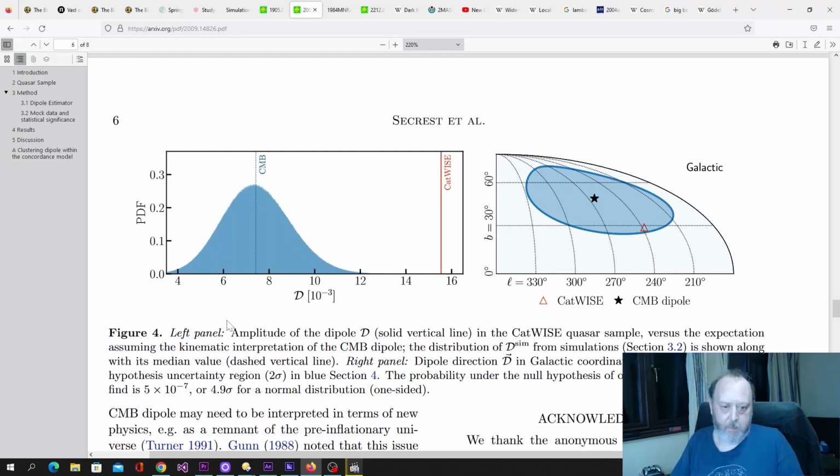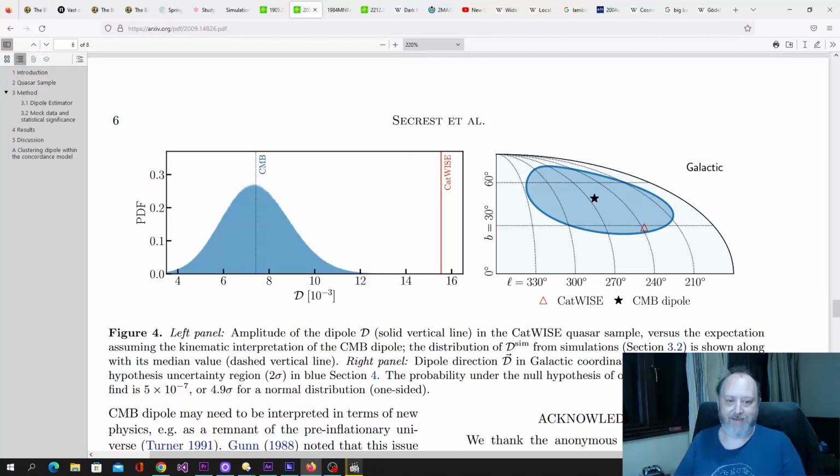So, the amplitude of the dipole D, solid vertical line in the CatWISE quasar group, versus the expectation assuming the kinematic interpretation of the CMB dipole. The distributions of D_SIM from simulations, section 3.2, is shown along with its median value, dashed vertical line.